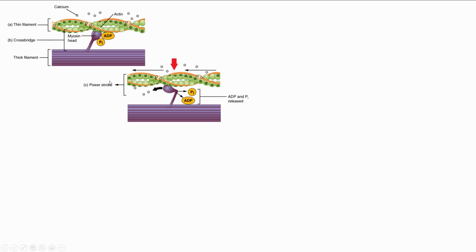That means it's sliding past the actual thick filament. This is where the idea of sliding filament theory comes in. The thin filament is sliding past the thick filament. The myosin head, going into the power stroke, has pulled it past.